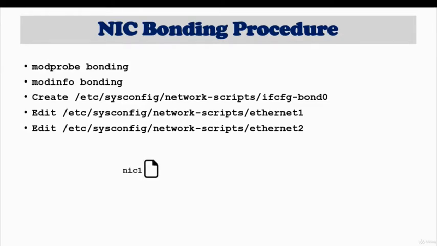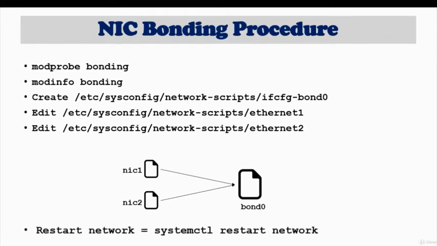If you have a NIC 1 file, you create another NIC 2 file for the second NIC, and then you create a third file called bond0. You point your NIC 1 and NIC 2 files toward bond0. And then at the end, you restart the network of your computer. The command is systemctl restart network.